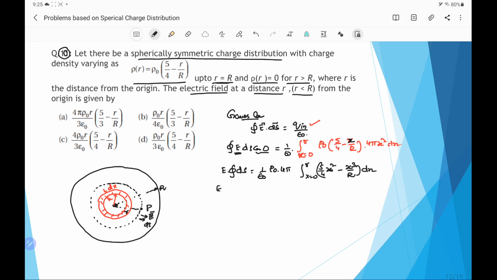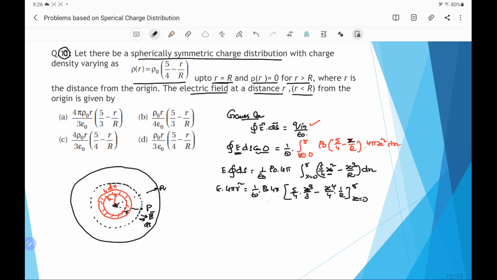The integration of the Gaussian surface area gives 4 pi r square, which is equal to 1 by epsilon naught, rho naught, 4 pi, and taking the integration, 5 by 4 is constant, the integration of x square is x cube by 3, minus, now this is x cube by R, and its integration is x raised to the power 4 by 4, and the remaining is 1 by R, with the limits of integration x equal to 0 to r.